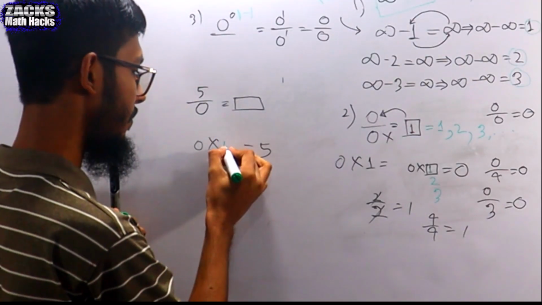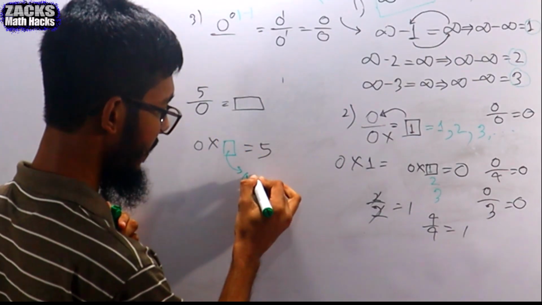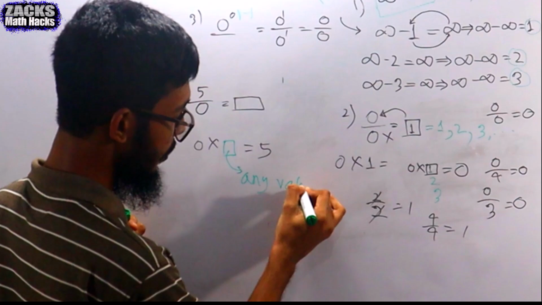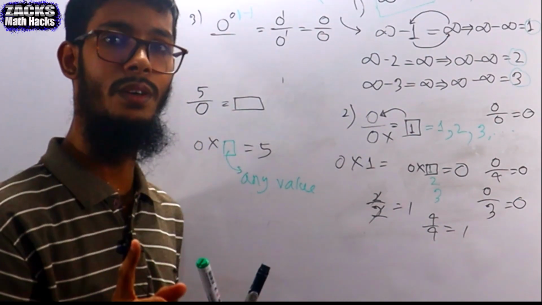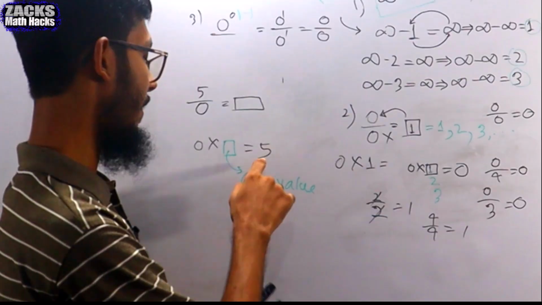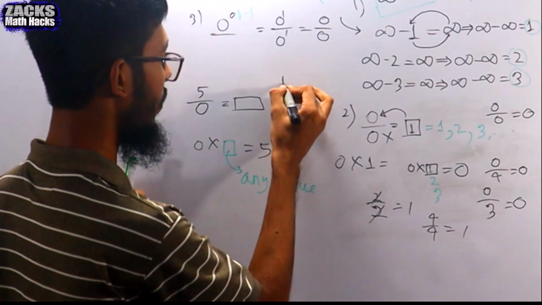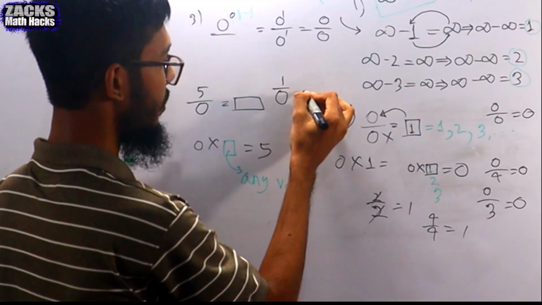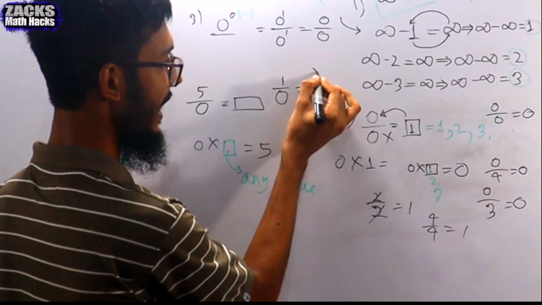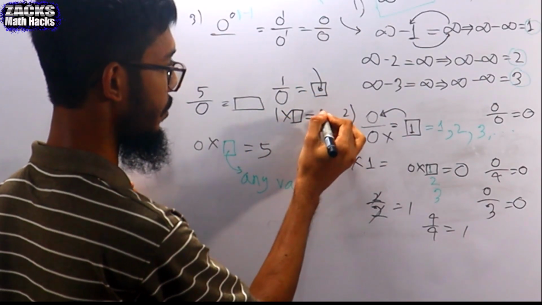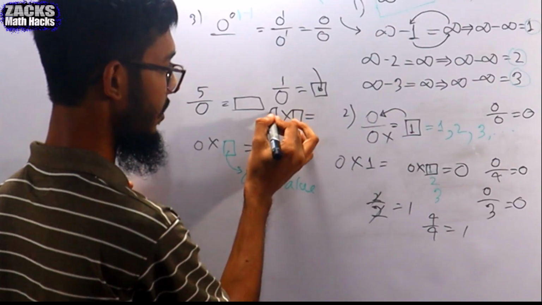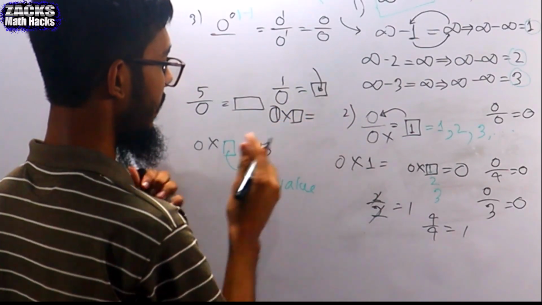Any value, so that if I multiply it with 0, then I get the value 5, or your favorite example 1 by 0. So consider this is the box. Tell me any value.